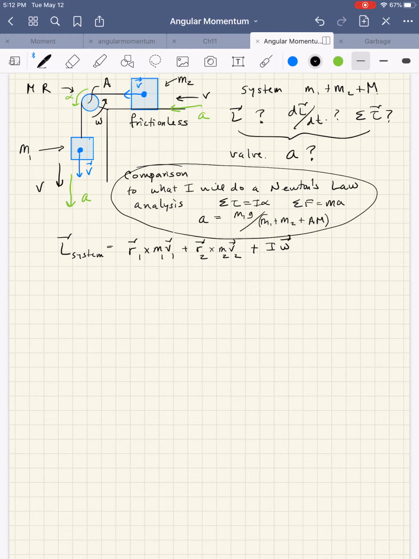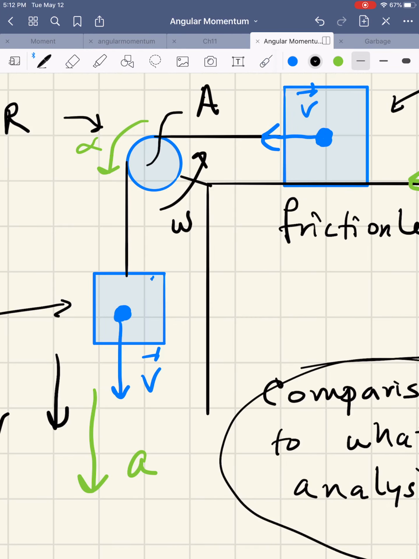So specifically I would tell you in a problem like this, to find the angular momentum with respect to an origin, and that origin is the center of the pulley. So let me go ahead and mark that right here.